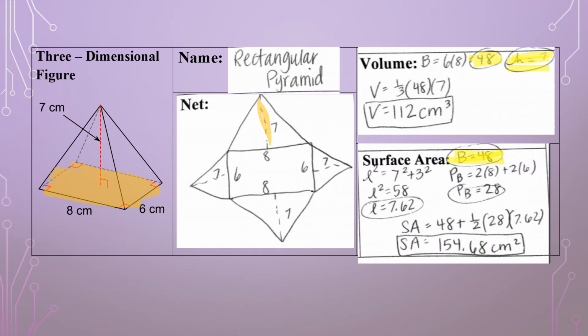Again, we don't know the slant height for this one, so that's why we need to figure it out. We know that this whole thing is 6, so half of that would be 3. And that is where I got my numbers for the Pythagorean theorem. So the slant height is 7.62, and then the perimeter of the base, because it's a rectangle, you can do 2 times 8 plus 2 times 6 and get 28.